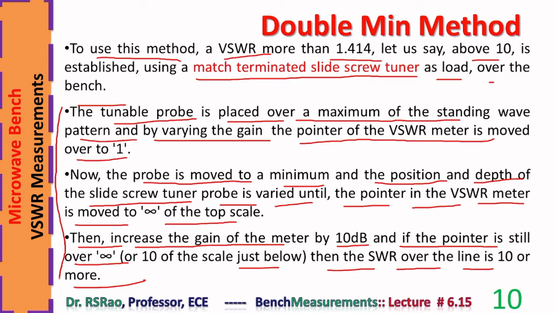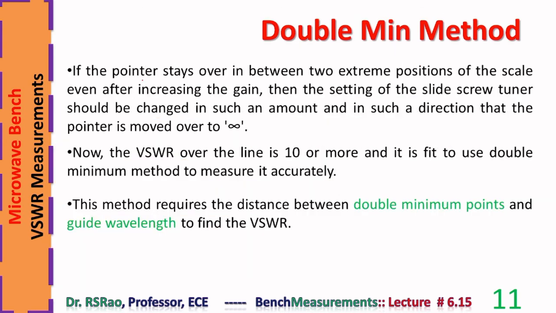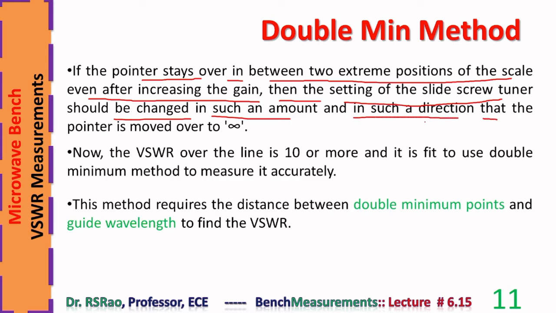Here, certain points are given, certain description is given. If we follow this description, then a standing wave pattern gets established in the slotted section with SWR 10 or more. If the pointer stays in between the two extreme positions of the scale even after increasing the gain, then the setting of the slide screw tuner should be changed in such an amount and in such a direction that the pointer is moved to infinity.